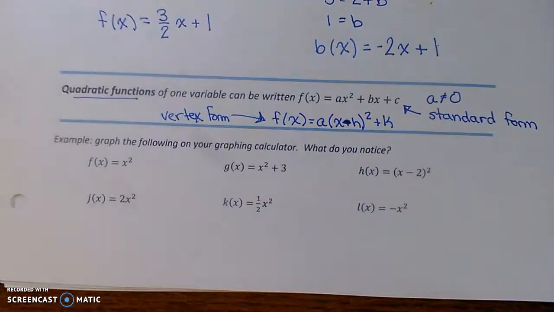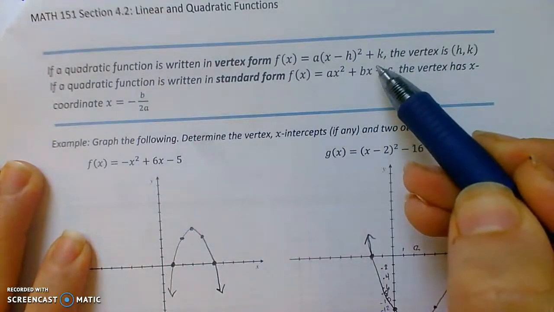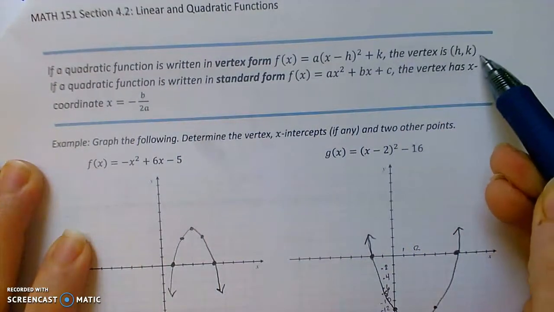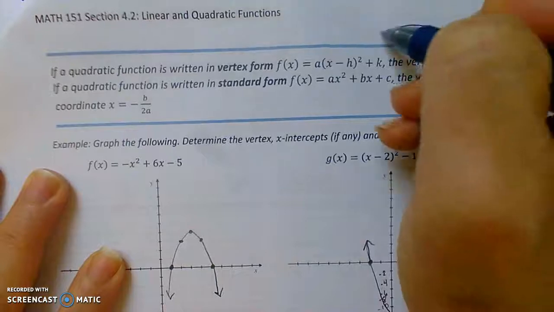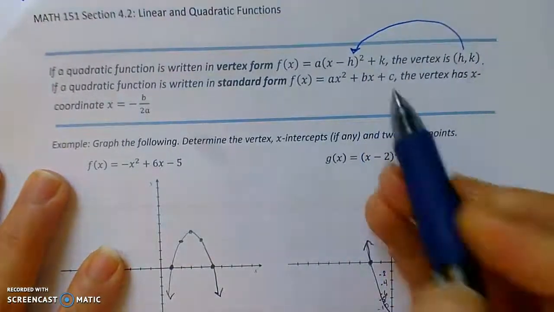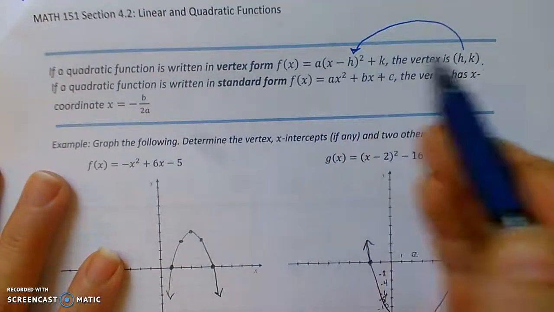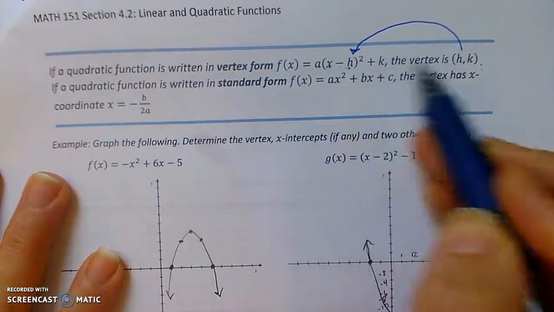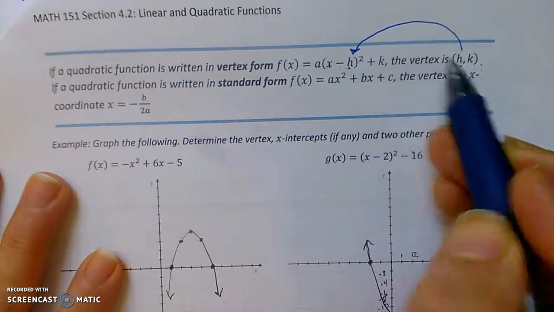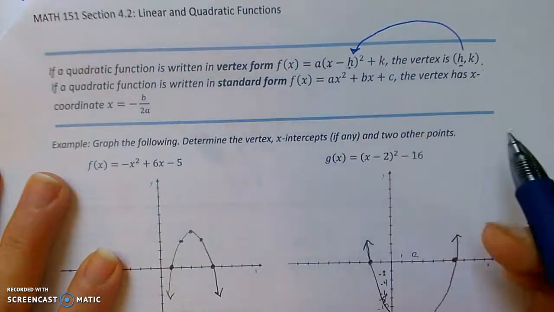So again, noticing here, if it's written in vertex form, you know what the vertex is. Notice that the x-coordinate of the vertex will be the opposite sign of this number. So if it was x minus 2 squared, the x-coordinate would be 2. If it was x plus 2 squared, the x-coordinate would be negative 2. So it's always the opposite because there's a minus here.